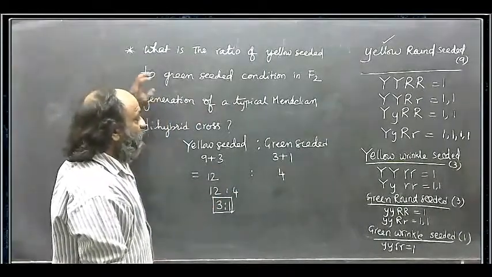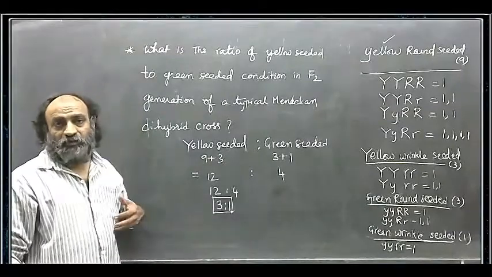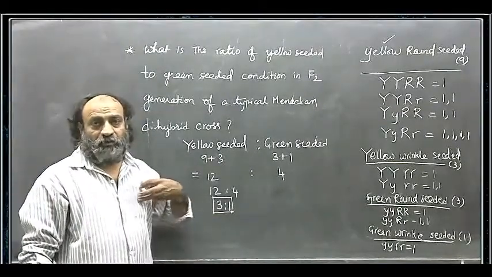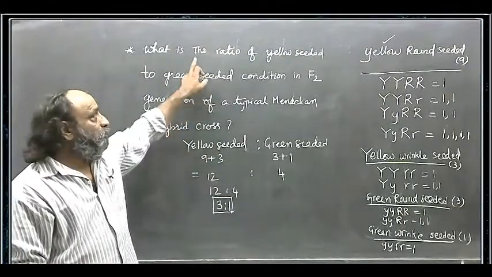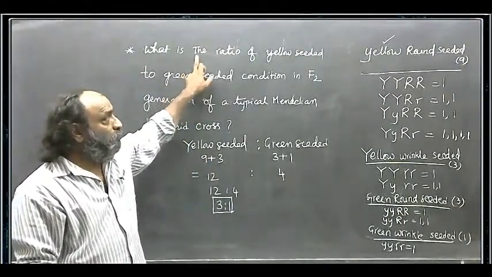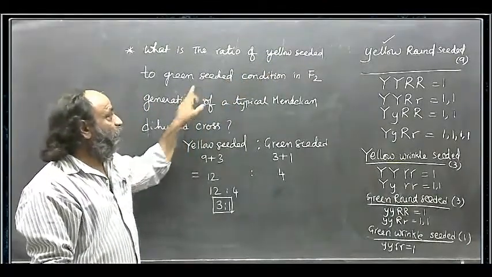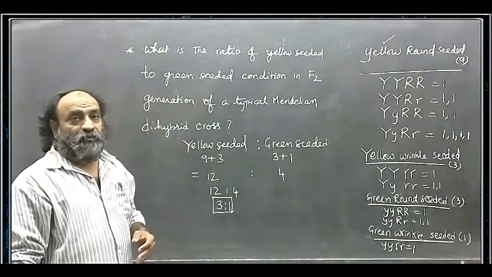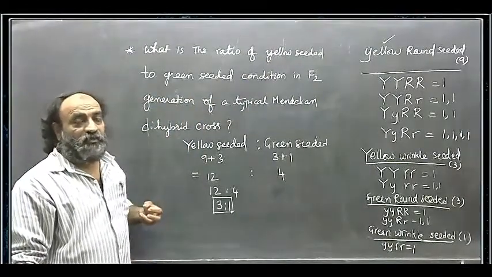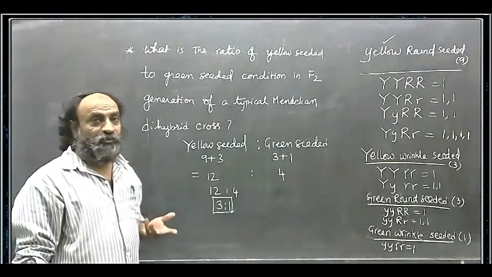Try to understand, time saving is also an important factor in objective examination. When you go through the question, only one character is taken into consideration, that is the color of the seed. When only one character is taken into consideration for a cross, then it is a monohybrid cross.